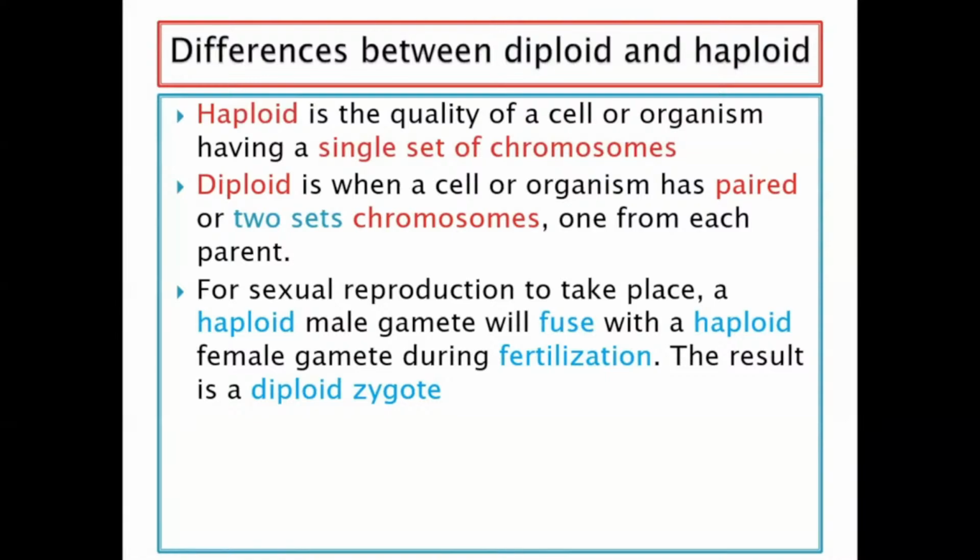If the male is 46, the sperm is going to have 23 chromosomes. It will fuse with the haploid number from the female, who also produces 23. When they fuse together, that process is called fertilization.